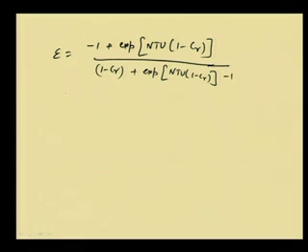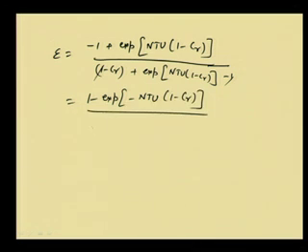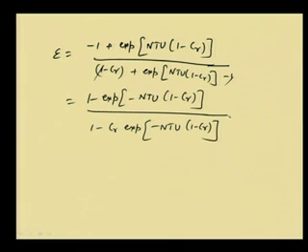So this way we can finally write, 1 cancels, that epsilon equals 1 minus exponential of minus NTU into 1 minus CR, divided by 1 minus CR exponential of minus NTU into 1 minus CR. So this is becoming the expression for anti-parallel flow or counter current flow.